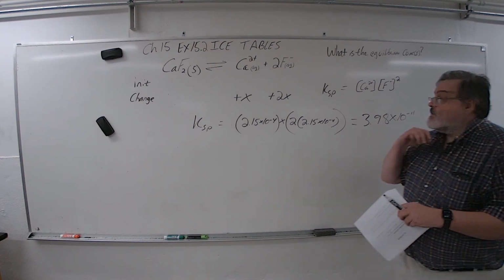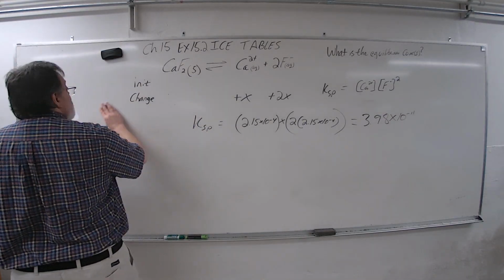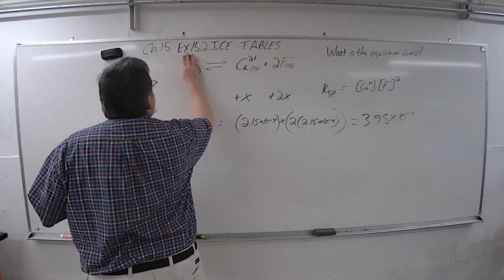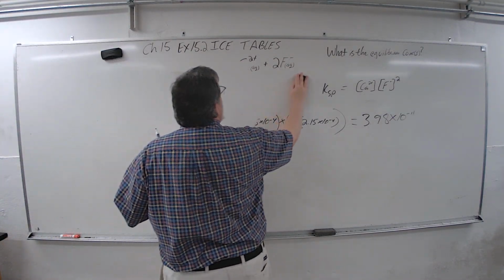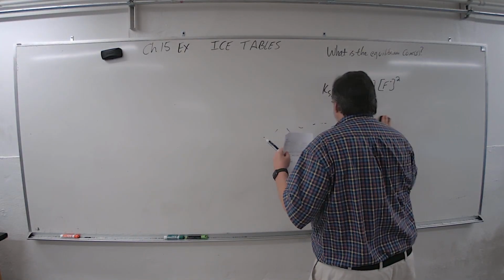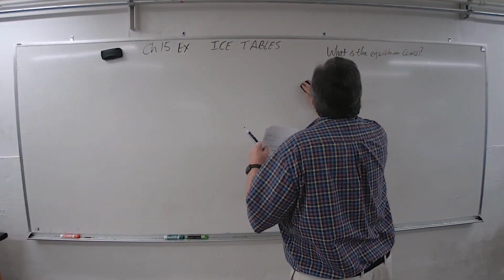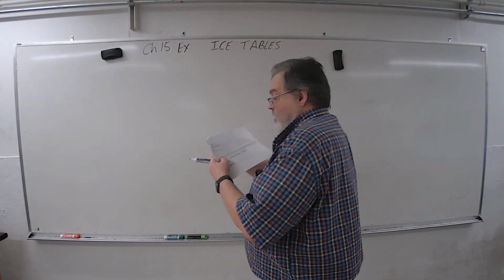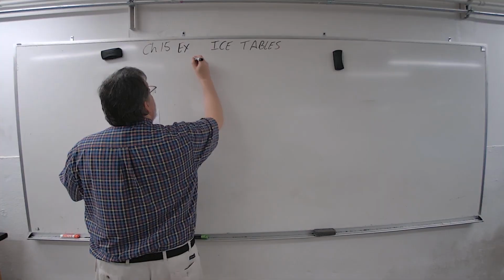Okay, the next thing I'm going to do involves an ice table. This will be exercise 53.